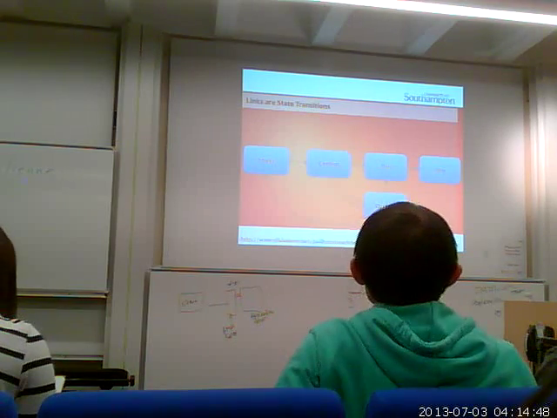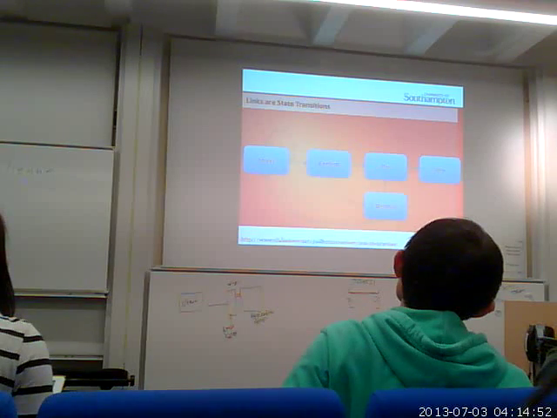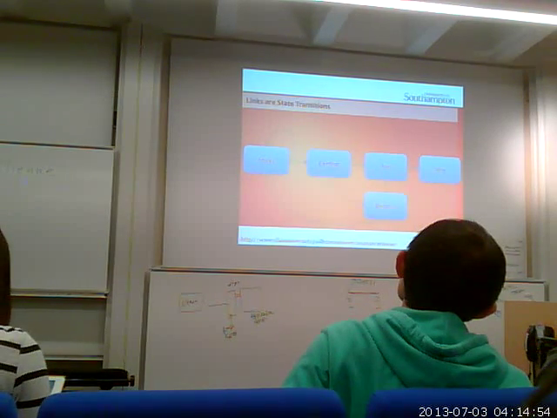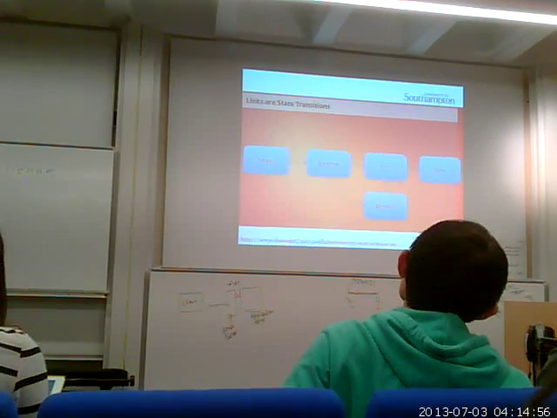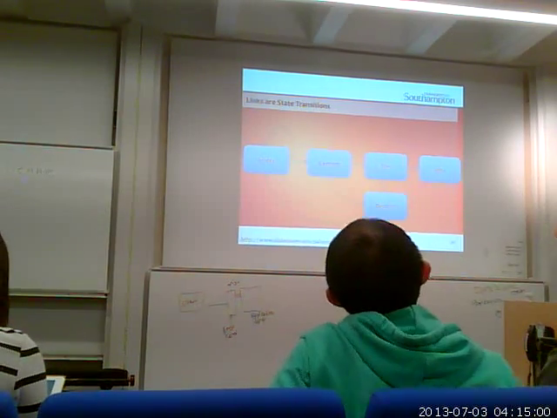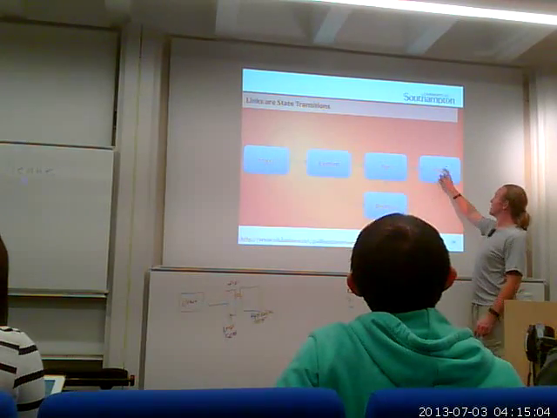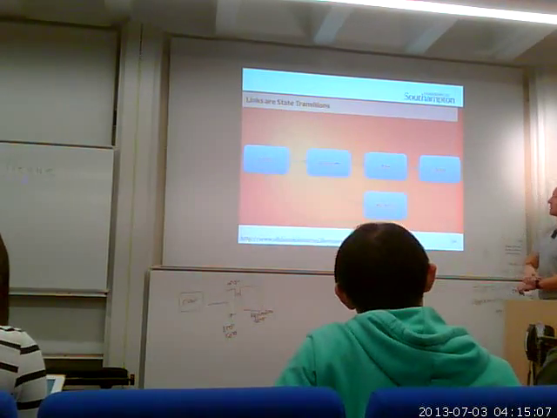So in this example, which is a sort of very generic purchasing service, you can select an item, you can confirm it, put it in your basket, or check out, I guess, and then from that you can either pay or put it in your wish list, and after you pay, you ship.